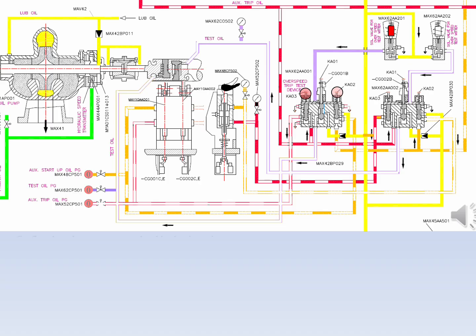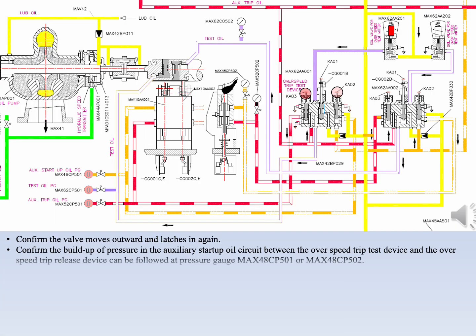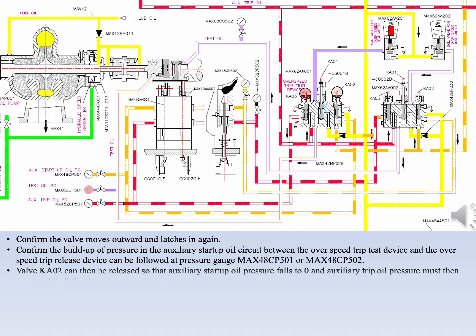Confirm the valve moves outward and latches in again. Confirm the build-up of pressure, in the auxiliary startup oil circuit, between the overspeed trip test device and the overspeed trip release device, can be followed at pressure gauge MAX48CP501 or MAX48CP502.